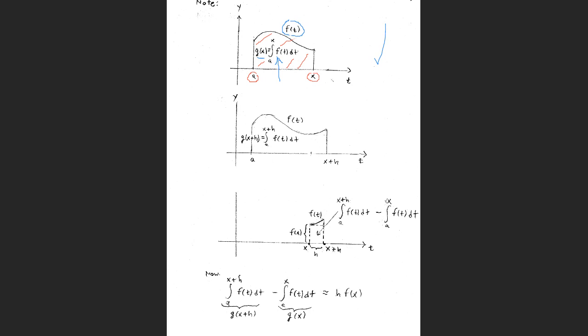Okay, so now the second picture. What I've done is I've drawn the same function f of t, but I've drawn a little bit more of it. So it starts out at t equals a, but it ends at t equals x plus h. And so the area under the function f of t, between f of t and the t-axis, would be the integral from a to x plus h of f of t dt.